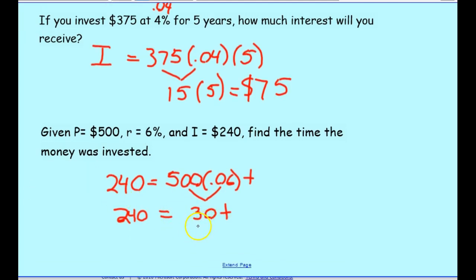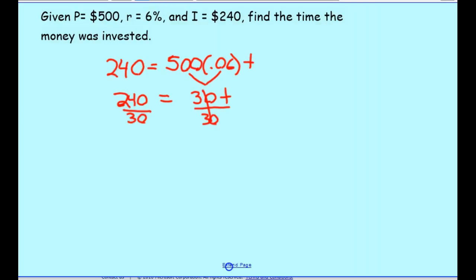So then we need to divide by 30 to get T by itself because they're touching, which means multiplication, and the opposite of that is division. So if we divide those, our T equals 240 divided by 30, which is 80. So what we are finding then is, oh, not 80, sorry.